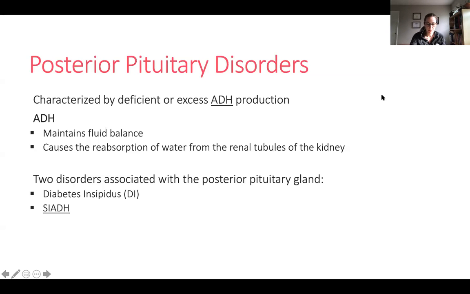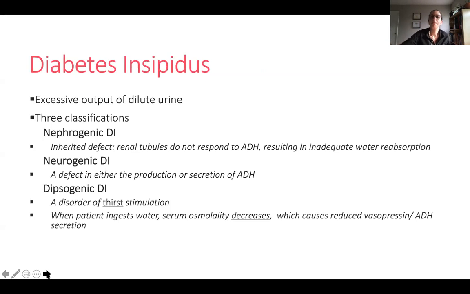So what happens if there's too much ADH release, then your water retention is increased, and then the opposite effect if there's not enough. So with diabetes insipidus, it has nothing to do with blood sugar.